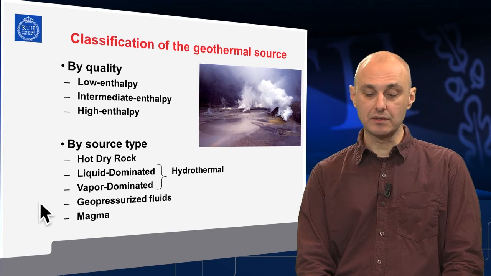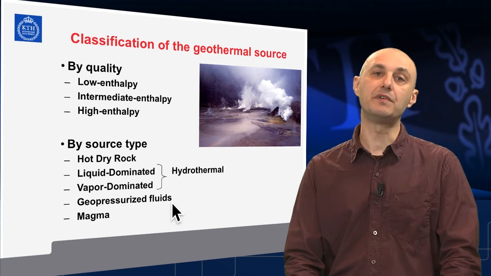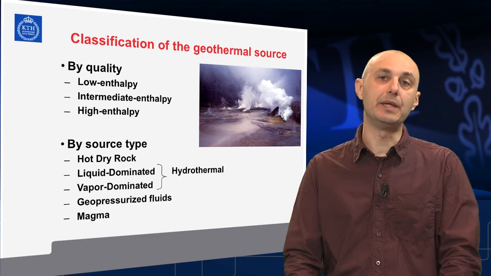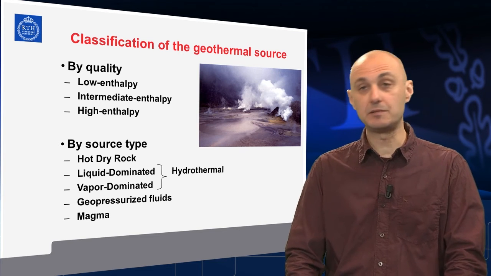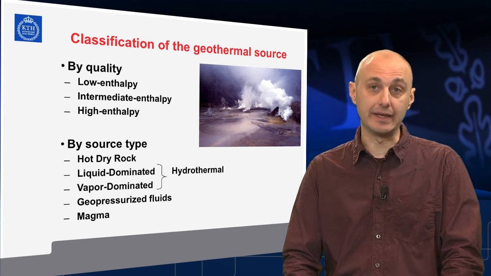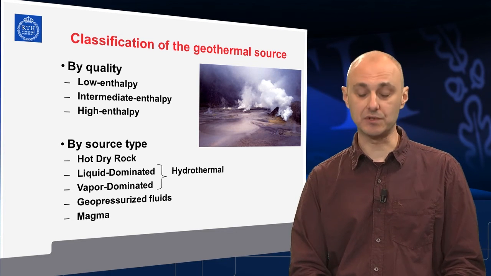Other fields are called geopressurized fields, and those very often are found simply by chance when drilling for oil or natural gas. It is pretty much the same type of drilling process that is employed when searching for the geothermal source.